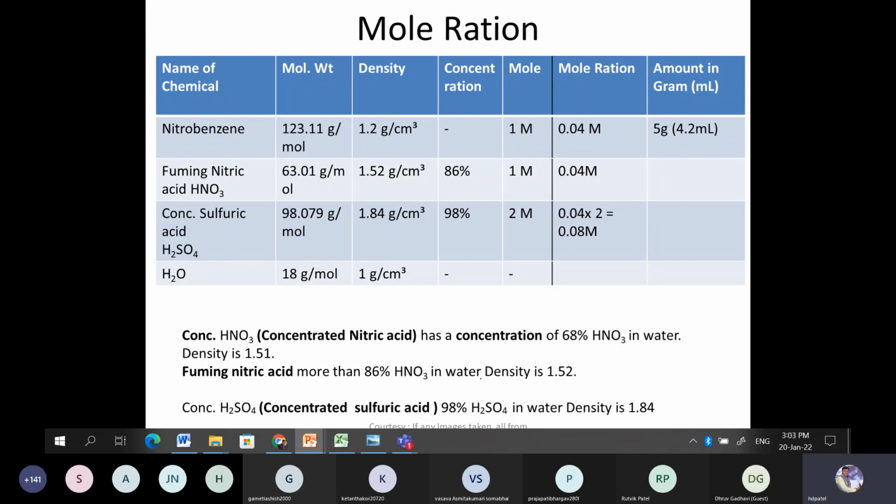The reason is whatever sulfuric acid is formed during the reaction, that sulfuric acid will react with the water. So the strength of the sulfuric acid decreases. When the strength of sulfuric acid decreases, then the rate of ionization is also slow. So to avoid such a problem, we have to use 2 mole of sulfuric acid.